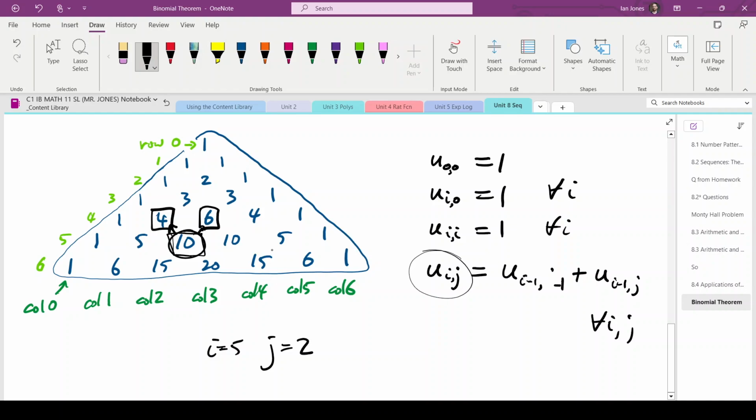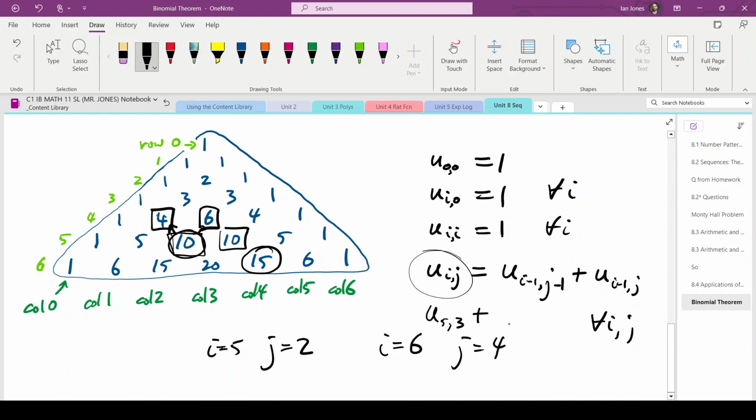Try it again for this one here, for example. We're at i equals 6, j equals 4. The formula says go to term i minus 1, so that would be 5, comma, j minus 1, so that would be 3. In other words, up 1 row, back 1 column to here.